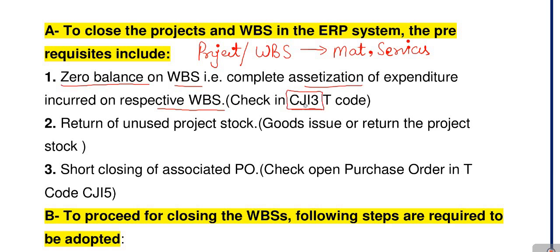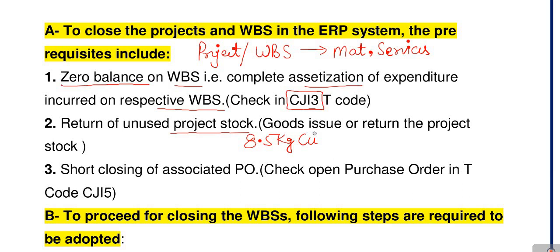The second one is return of unused project stock. Whether it is used or unused, for example, 10 kilograms of copper we have planned in the project, but 8.5 kilograms of copper is required, right?